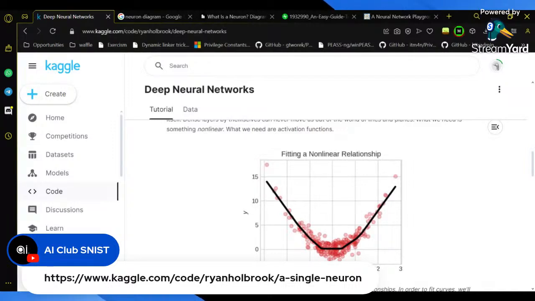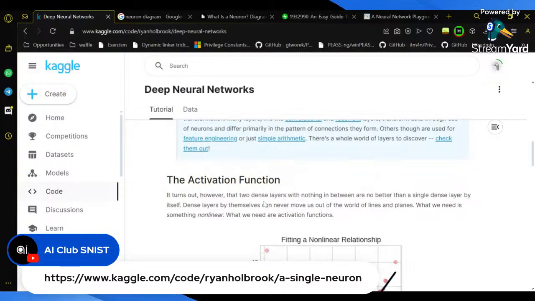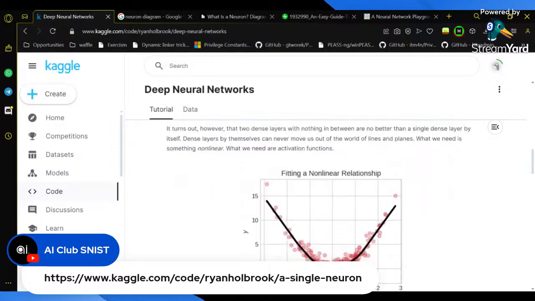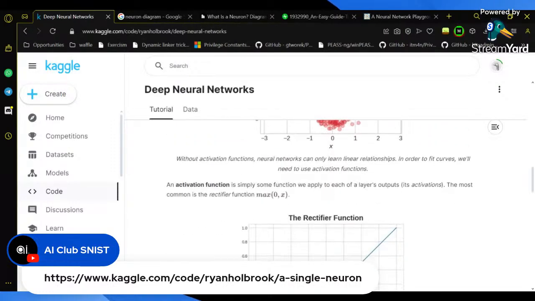Well, if they are the same, why can't we just write a linear equation, or why can't we just use linear regression? Why do we have to use neural networks? How are they different from a linear equation? These activation functions make the difference between our linear models and neural networks.